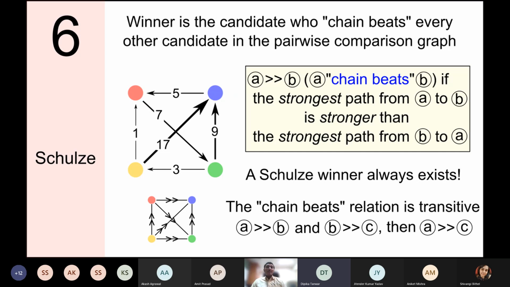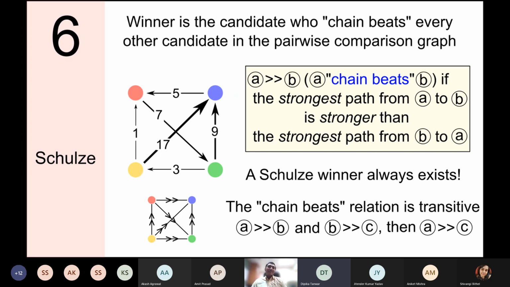But as it turns out, such a winner always exists. There always exists a candidate that chain beats every other candidate. This is a somewhat surprising observation. It's weird, right? We are surprised that the voting rule is well defined. Why should it be surprising? But that's how the definition is.